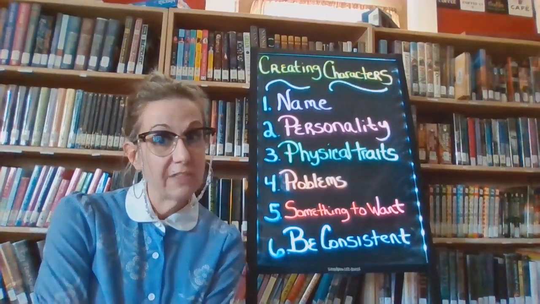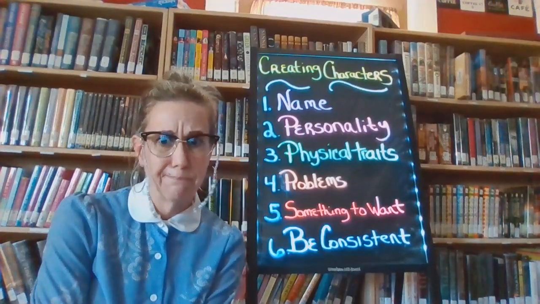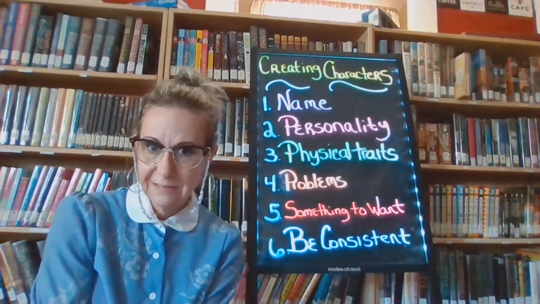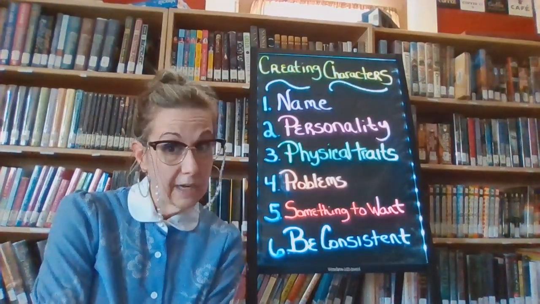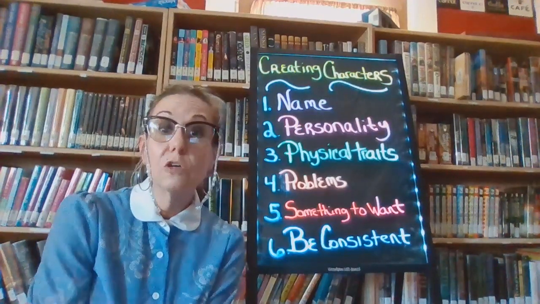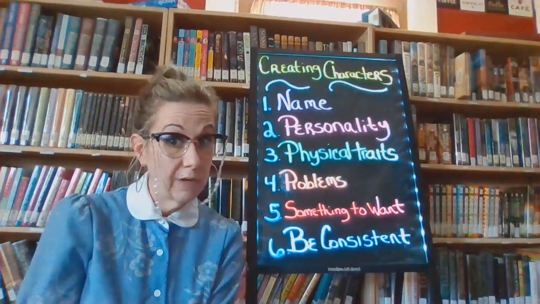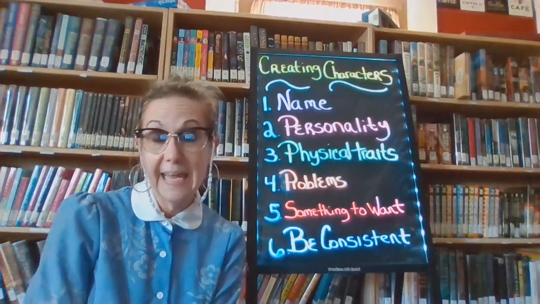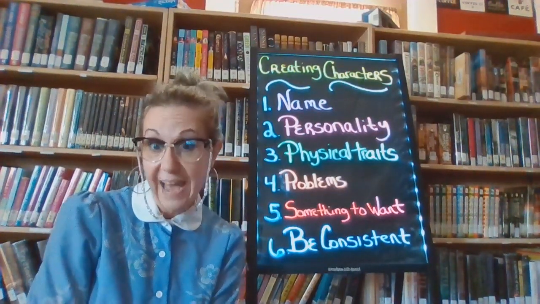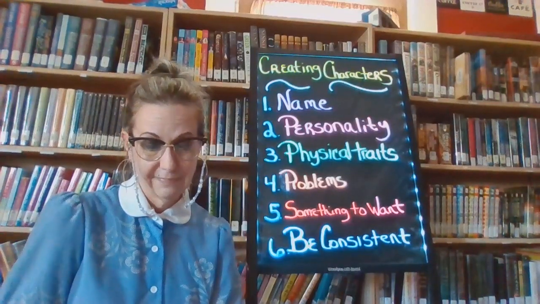Could you imagine that story if Charlie didn't want a golden ticket? We wouldn't have had much of a story, right? So that was the goal he was trying to obtain, or that was his want: he wanted the golden ticket to be able to be let inside the Wonka Chocolate Factory.